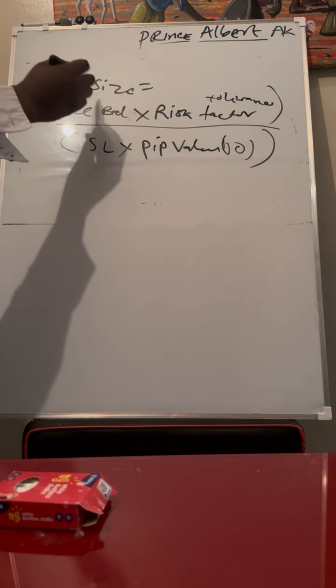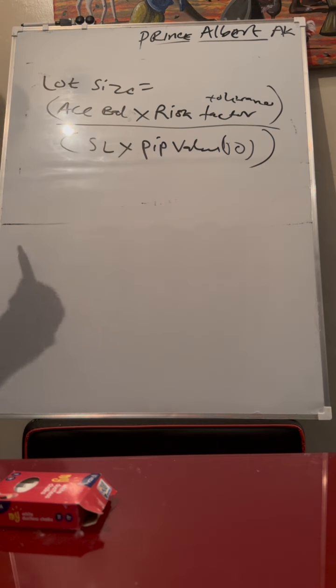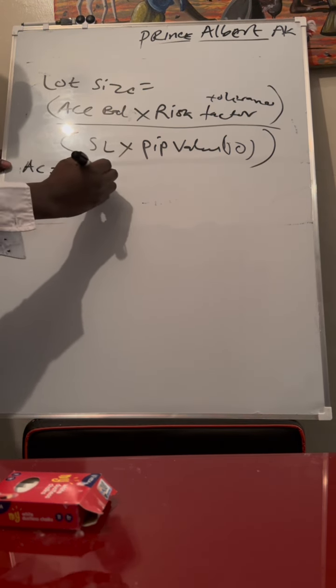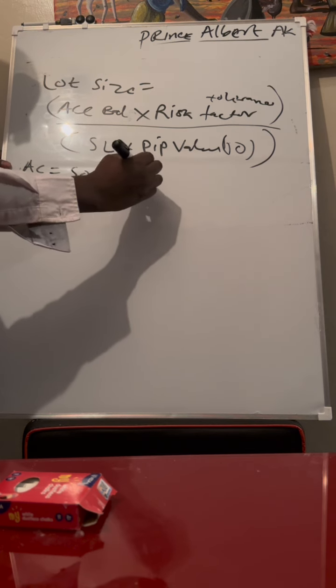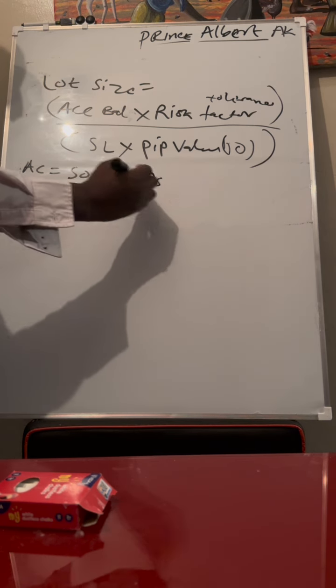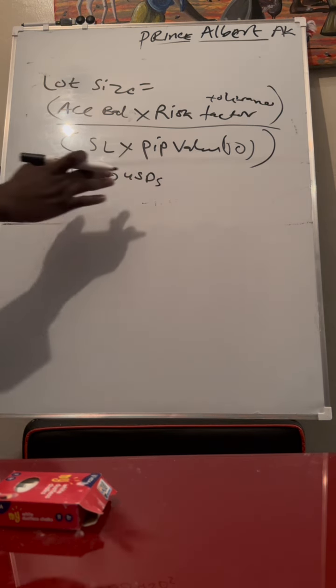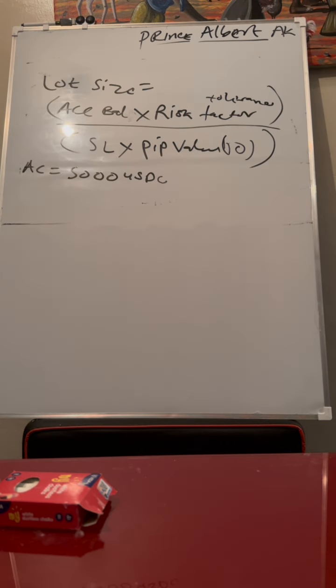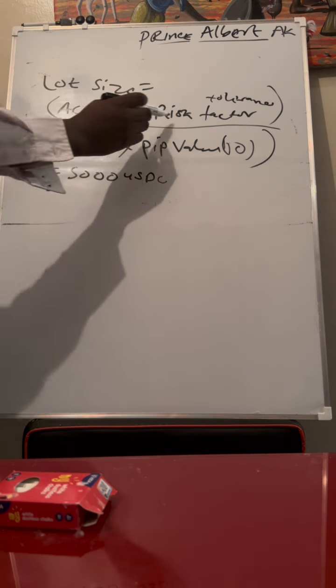So what is our account balance? Our account balance equals 5,000 USC. We can call them USD, but we know they are cents, USC. So we are treating it as 5,000. So what is our risk factor?